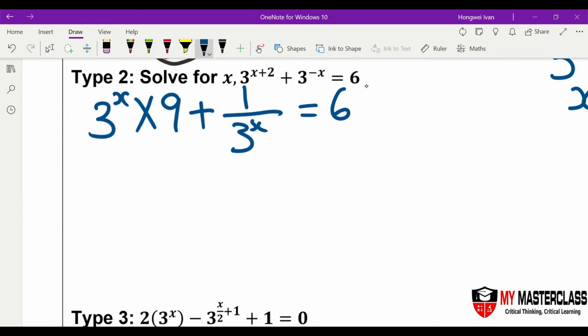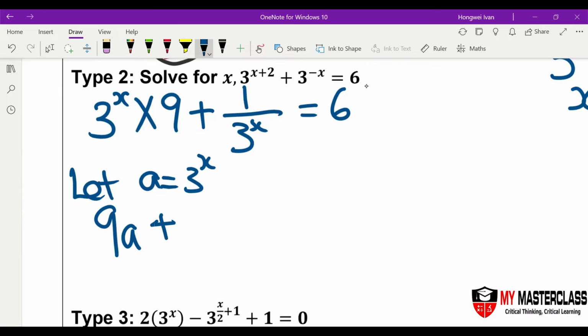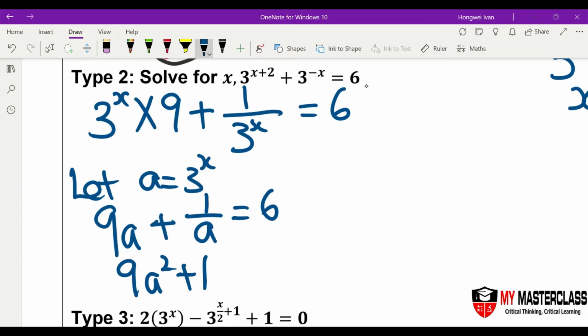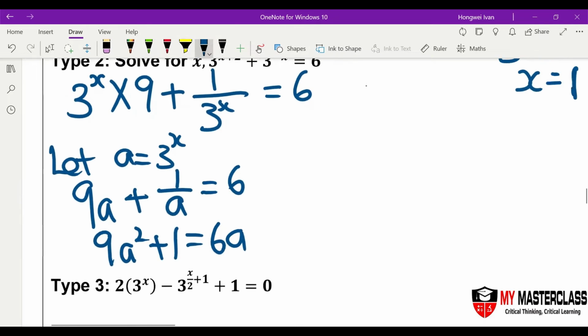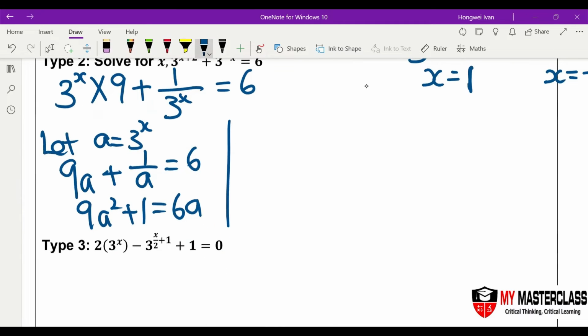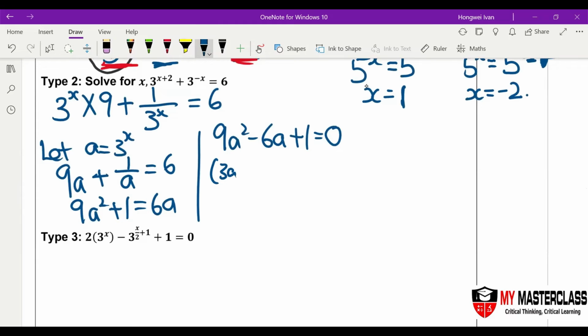Equals 6. Okay? For this kind, immediately we let A. This one I think is the same as just now. 3A minus 2A plus 1.